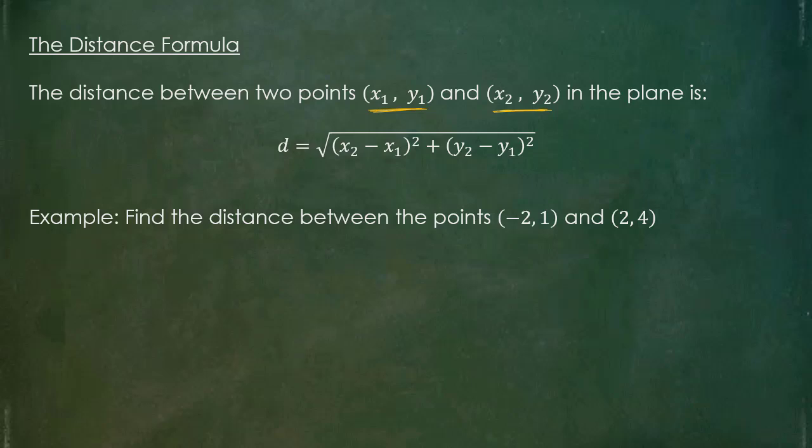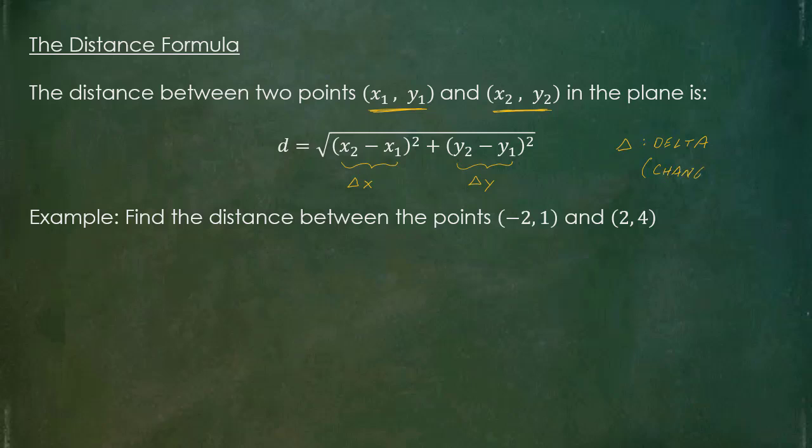To find the distance, I need to subtract my 2 x values, square the result, and add it with the difference of the 2 y values, squared, all under a square root. Sometimes in a book they would represent this with a delta x, or change in x, and then the other one, change in y. If you ever see that triangle symbol, you can read it out loud by saying the word delta, or you can say it's the change.